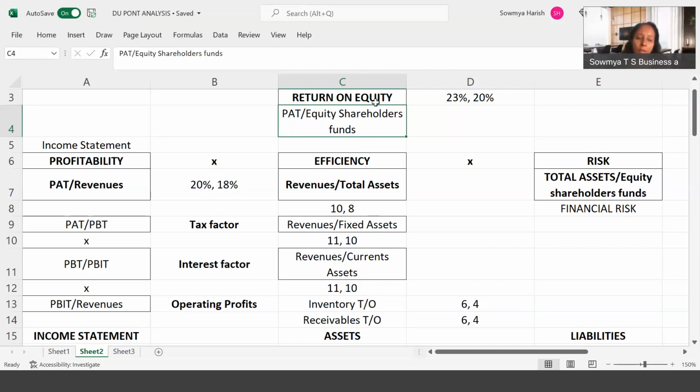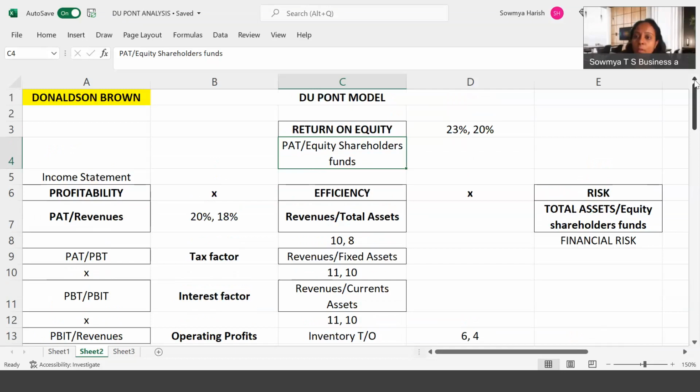I think after learning how to apply the DuPont model and how it contributes to analyzing the financial health of any company, all of you can appreciate the contribution of Donaldson Brown in giving us this DuPont model, which is used by almost everybody till today.